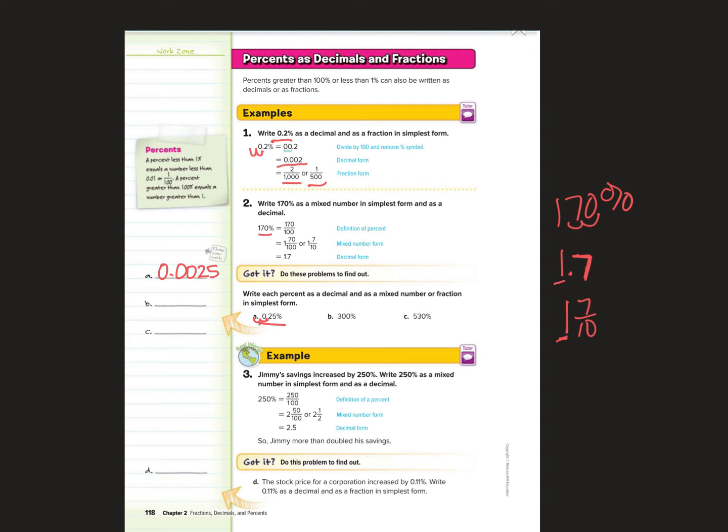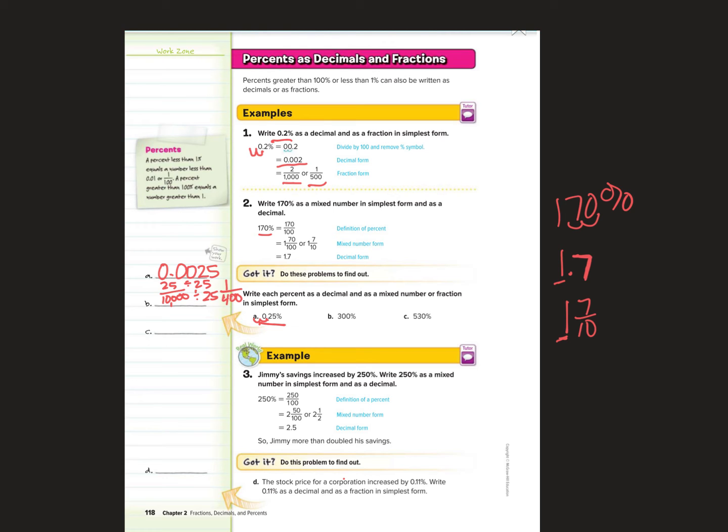Wow. Yeah, that is right, isn't it? And then in fraction form, it would be 25 over 10,000. Okay, and then if I divided them both by 25, I would get 1 over, let's see, 400.